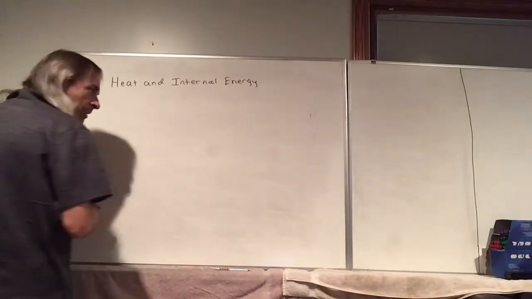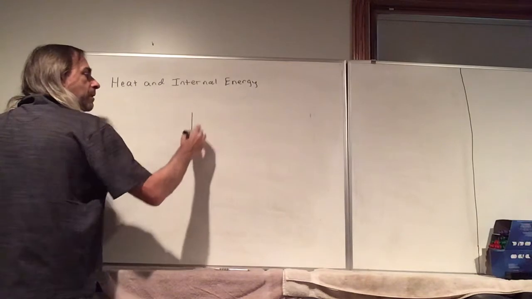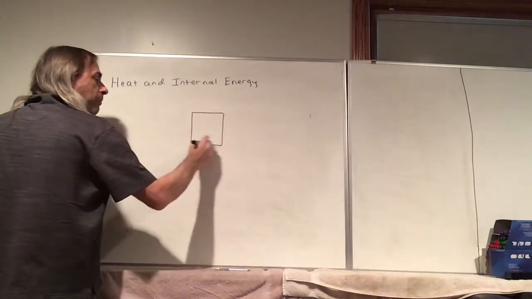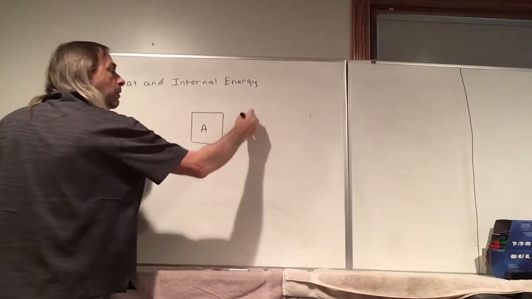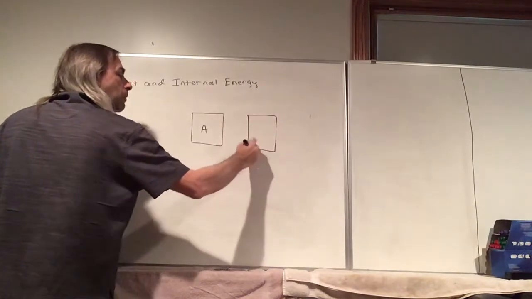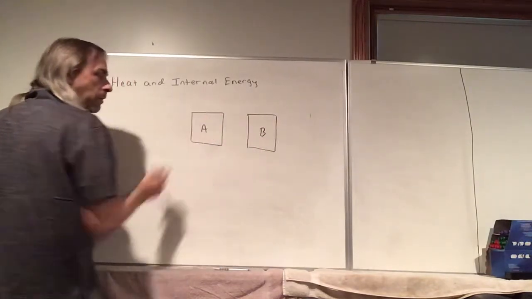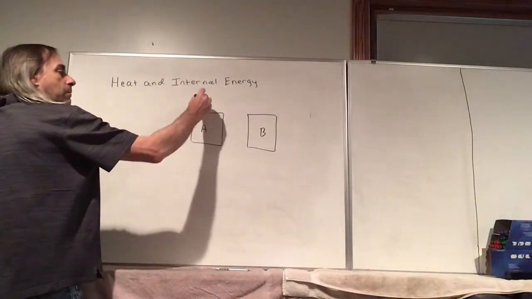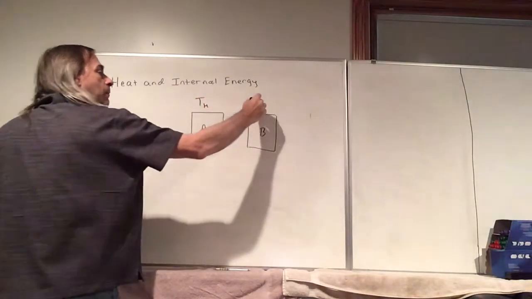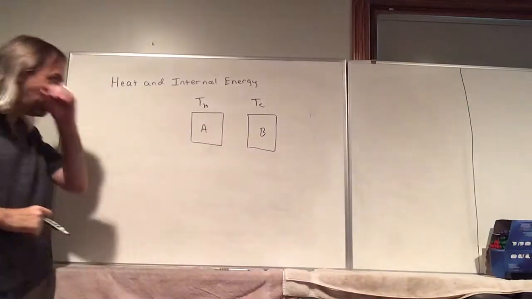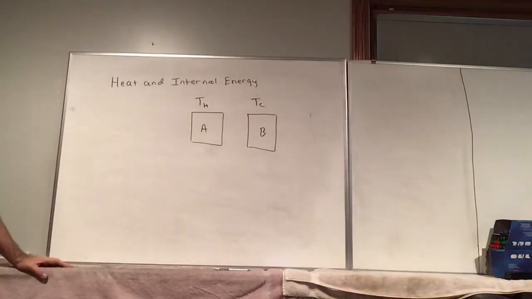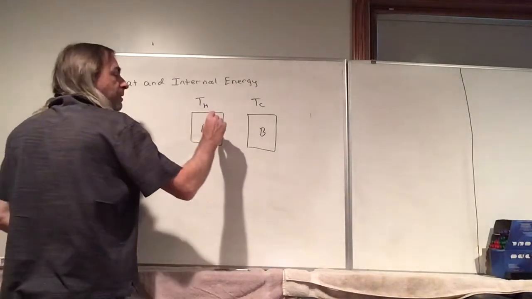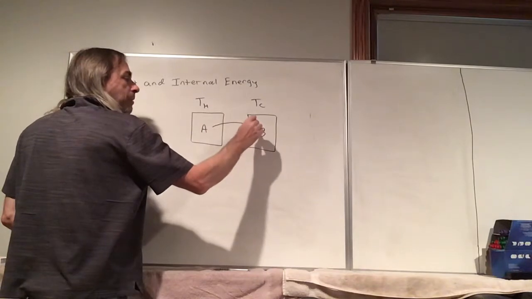So, say we have two objects that are in thermal contact with each other, and let's say A is at a higher temperature than B. Just say TH for hot, TC for cold. If they're in thermal contact with each other, energy is going to flow from A to B.